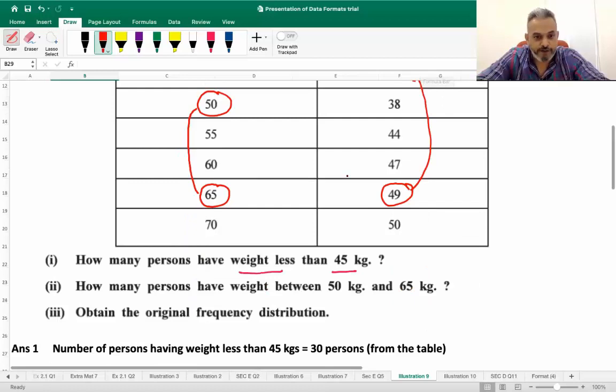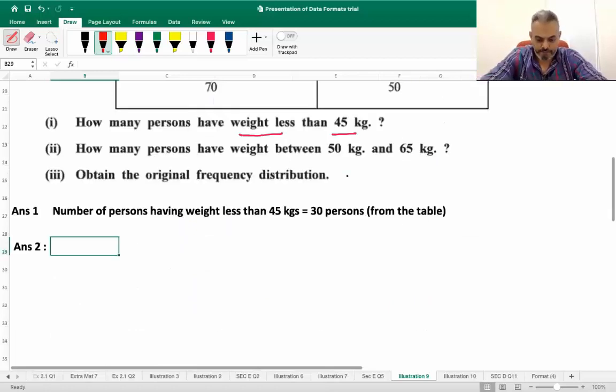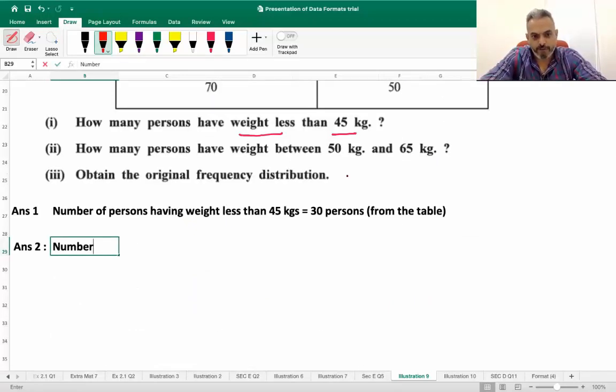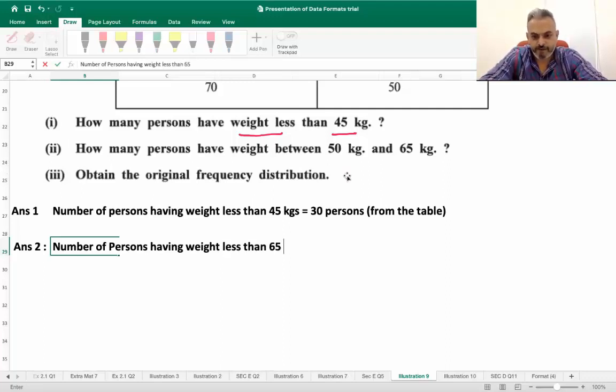So let's present it. Number of persons having weight less than 65 kgs is equal to 49 persons.